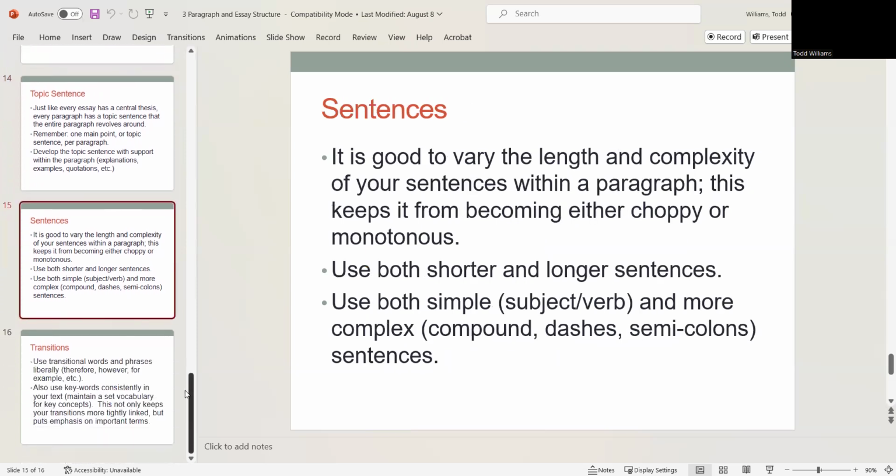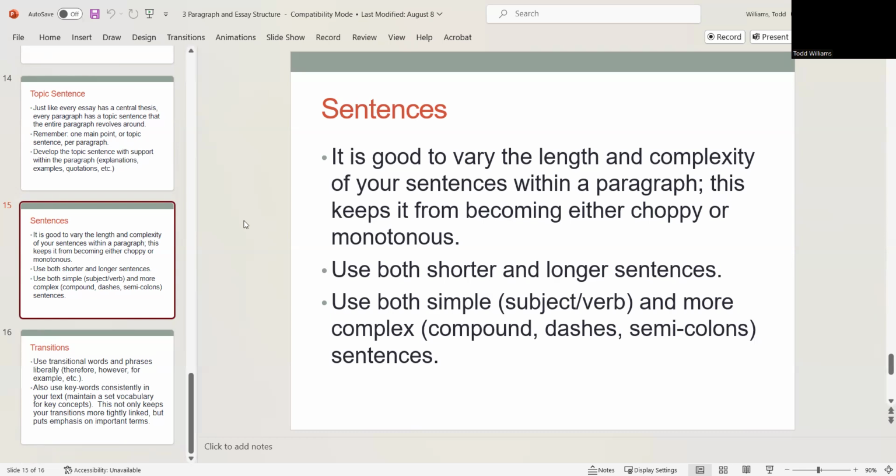Just some quick advice on sentences and transitions within your paragraphs. It's generally good to vary the length and complexity of your sentences within a paragraph. Keeps it from becoming choppy or monotonous. If you have too many short, simple sentences, it comes out choppy, like da-da-da, da-da-da, da-da-da. Not much fun to read.